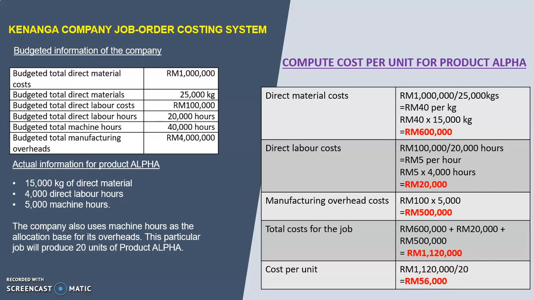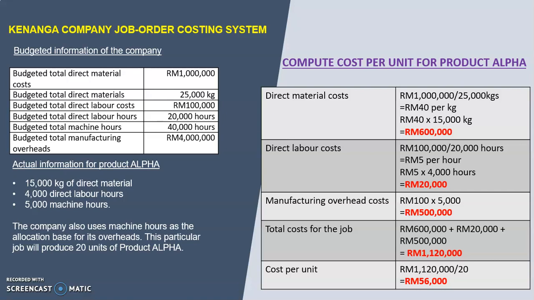Just now, from our calculation, the rate is RM 100. And from the information for product alpha, we know that this product uses 5,000 machine hours, and the company also uses machine hours as the allocation base for its overhead. So RM 100 times 5,000, you get 500,000.